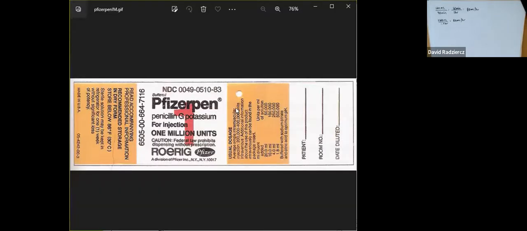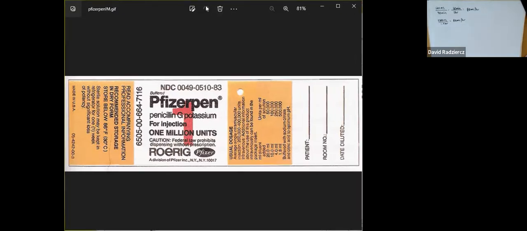This is what the label looks like. It tells you 1 million units, but it doesn't really tell you how to get your concentrations until you look over here. And so what we would have to do is rotate this if I can.